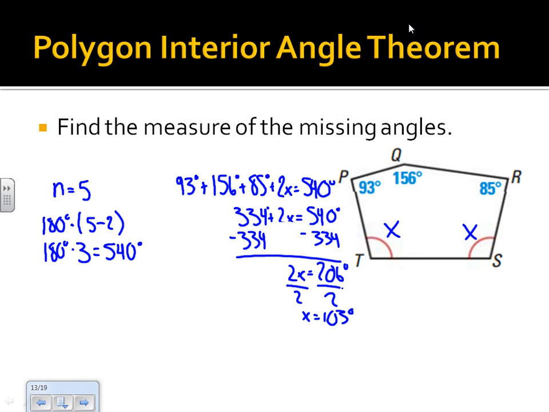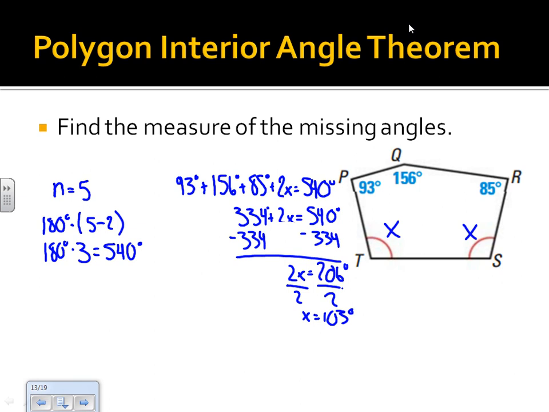And what about a triangle? 180. So triangle is 180, quadrilateral is 360. I would know those two. After that, it doesn't really matter. So you use the formula. N, what does N stand for again? Number of sides is 5. Plug it in. So you get 180 times 3 is 540 degrees total.